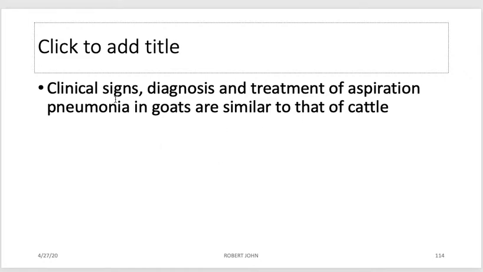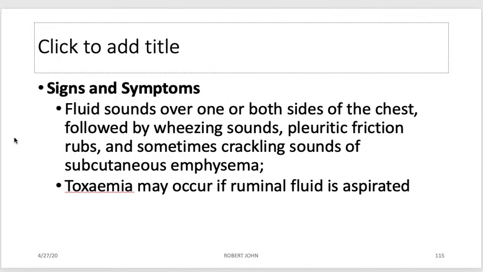of cattle. Kwa aspiration pneumonia iko sawa na ile pneumonia, lakini kwenye mbuzi na ng'ombe iko sawa. And signs of this aspiration pneumonia is fluid sound over one or both sides of the chest, followed by wheezing sounds, pleuritic friction rubs, and sometimes crackling sound of subcutaneous emphysema. So kunakuwa na sound kama kuna maji kwenye mapafu. Kwa hiyo mnyama anaanza kutoa sauti.